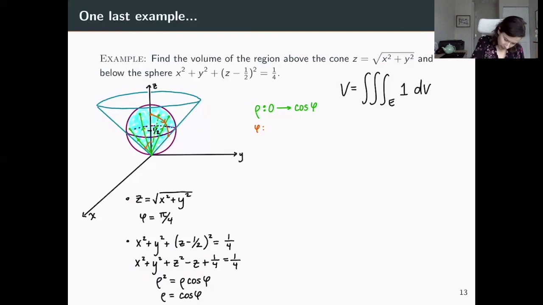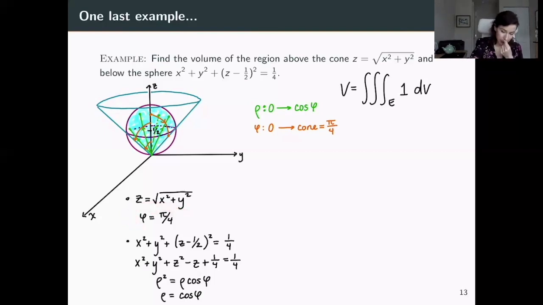My phi can range this way, and around in these different directions. So once again, our phi is going to be ranging from 0 to when we hit the cone, which is equal to pi over 4 in terms of phi. Remember, we've got that expression for phi right here.